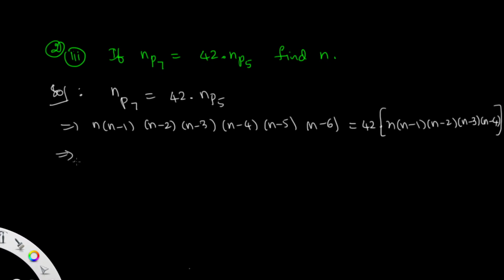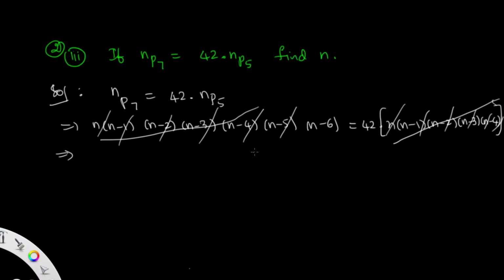Now simplify by observing what gets cancelled. Starting with n, the first 5 terms, up to n minus 4, are present on both sides, so they get cancelled. Don't cancel n minus 5.